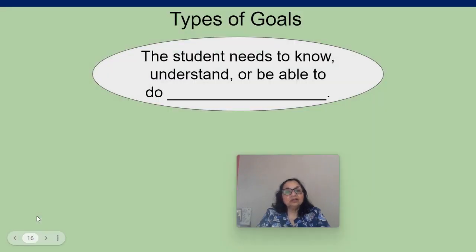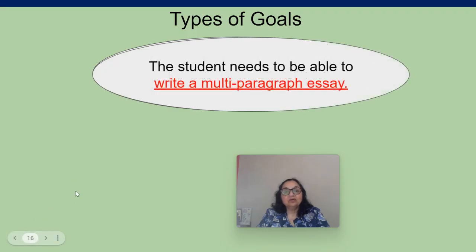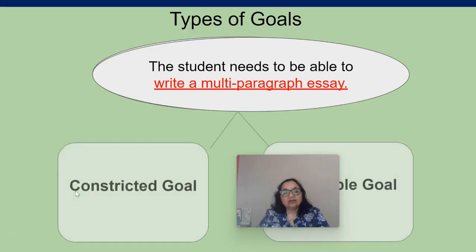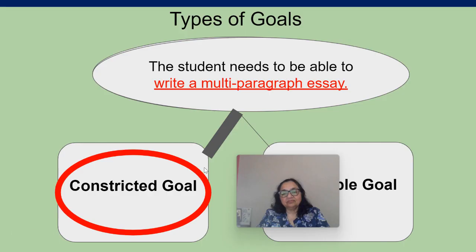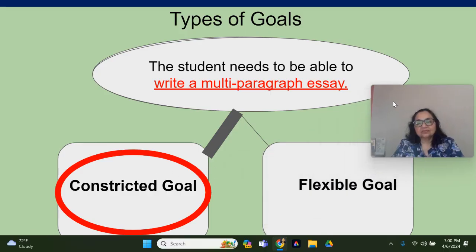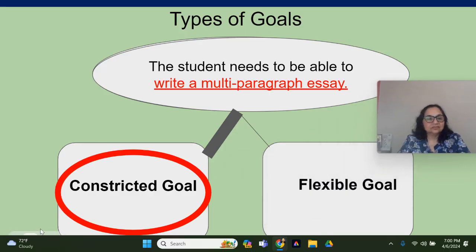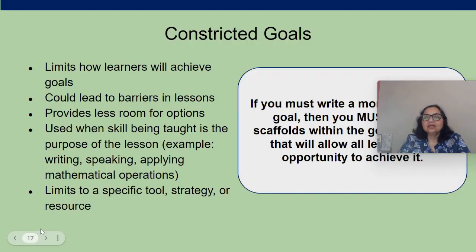So next goal: the student needs to know, to understand, and to be able to do. Write a multiple paragraph essay. So what is this? This is a constructed goal. So what are constructed goals?